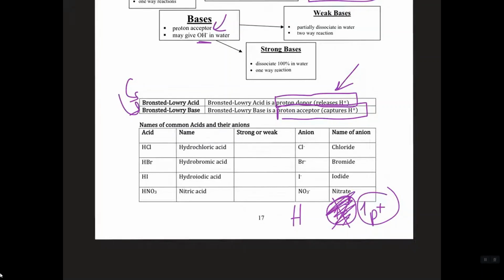And bases are going to be other substances that are present there that are going to capture it. So hydrochloric acid, for example, right? If you think that it has hydrogen and chlorine sharing, that would be correct. But when you mix it with water, look what happens. Chlorine steals this electron that used to belong to hydrogen, and now it obtains a -1 charge.